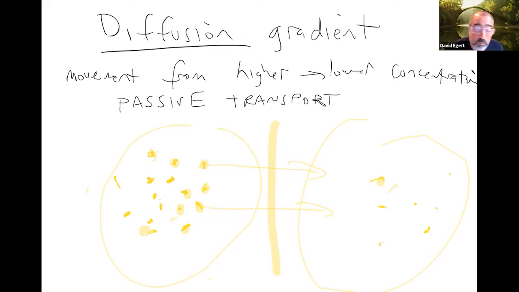We push a whole bunch of molecules to one side of a membrane, and then they want to come back, due to the diffusion gradient pushing them back the other way. So this idea of energy stored in a diffusion gradient will be important as we continue through the semester.